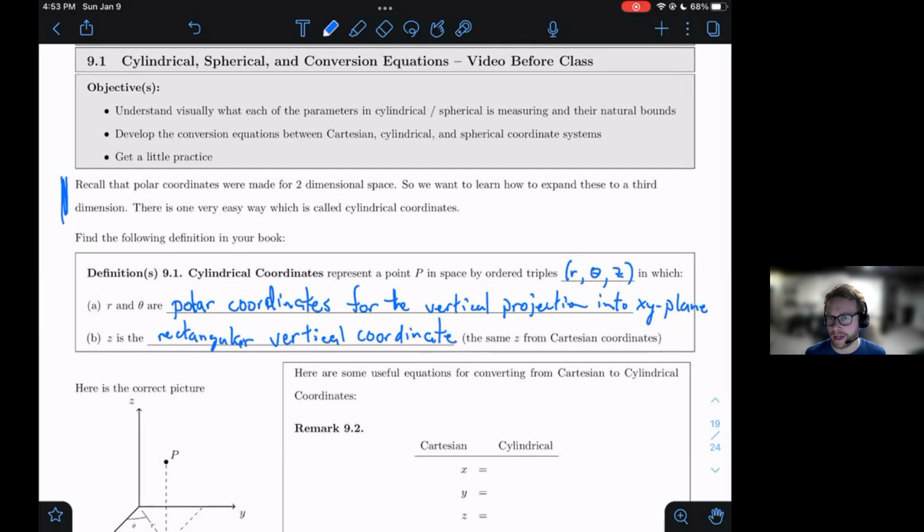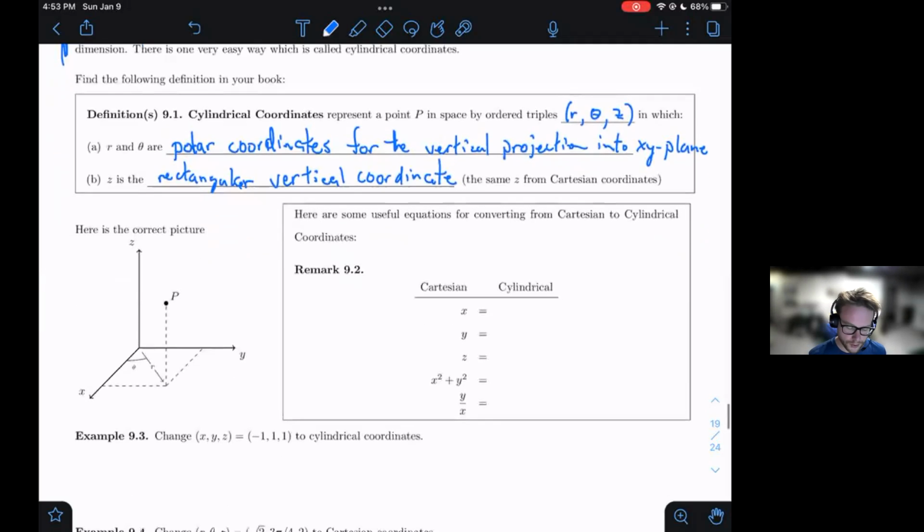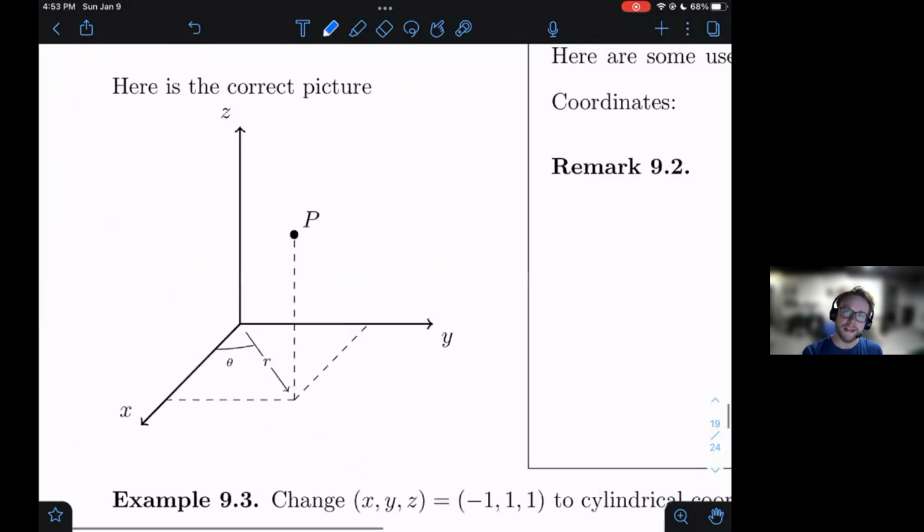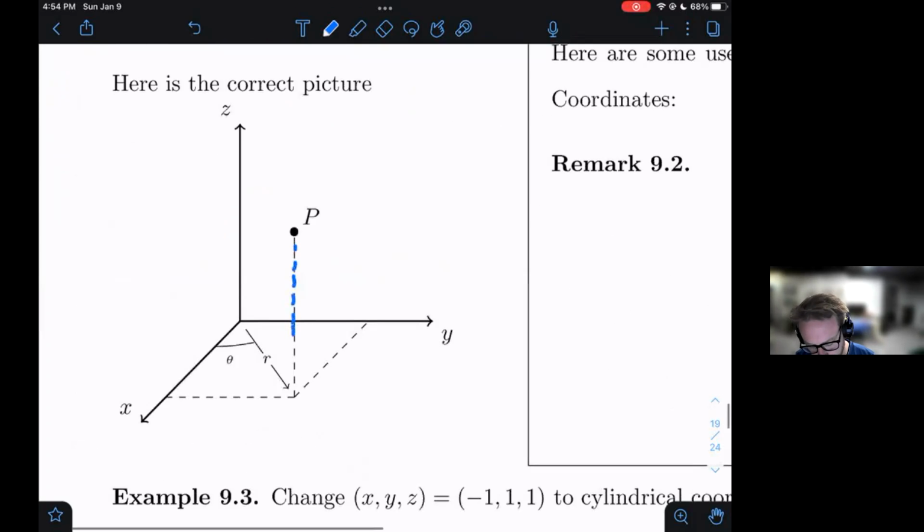So I find that this picture here really helps with this. If we were to take a point in space, P here, and project it down into the XY plane, well, remember in the XY plane, we already know a coordinate system called polar coordinates, right? In which case theta comes off that positive x-axis in this counterclockwise direction. So if you kind of turn your head and look at this, imagine if it was a paper sitting on your desk or something like this.